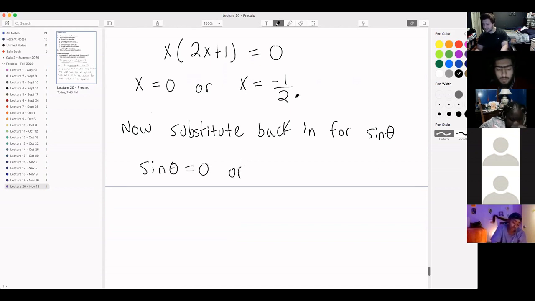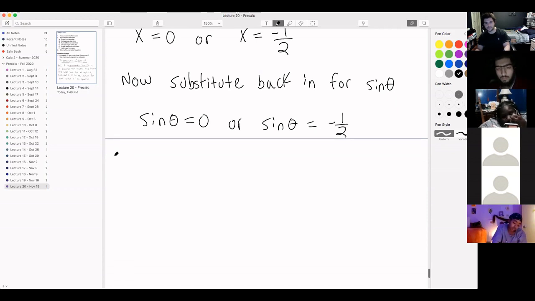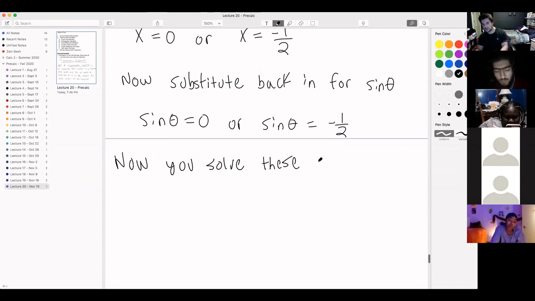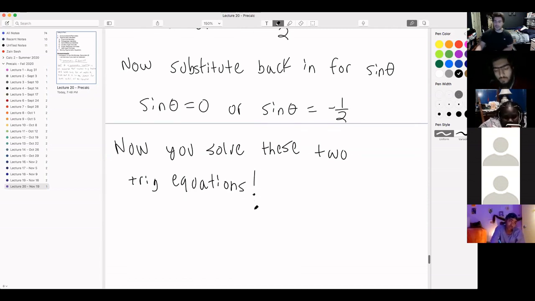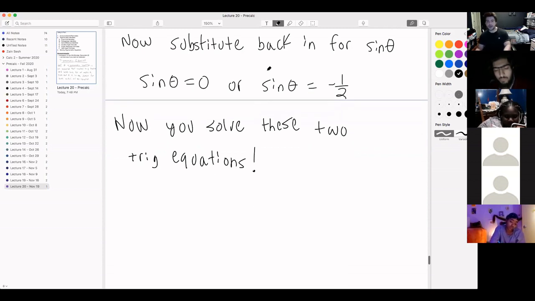And if x is negative 1/2, that means that sine of theta is equal to negative 1/2. Now you solve these two trig equations.